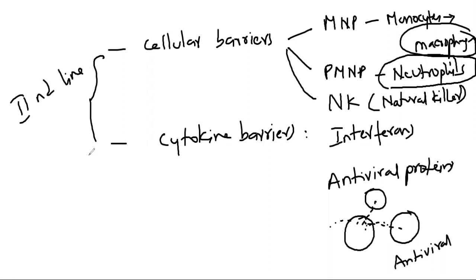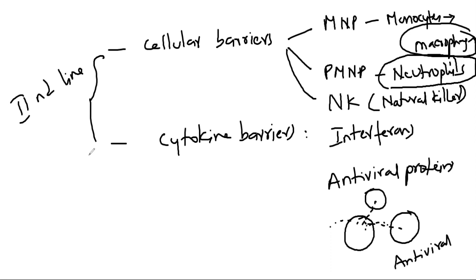So skin, mucous membrane, both together are considered as physical barriers; enzymes, HCl, etc. are physiological barriers. Both physical and physiological come under the first line. Cellular and cytokine barriers come under the second line.